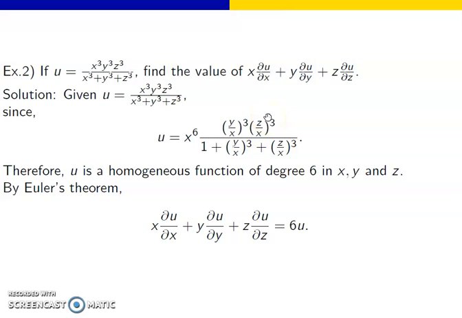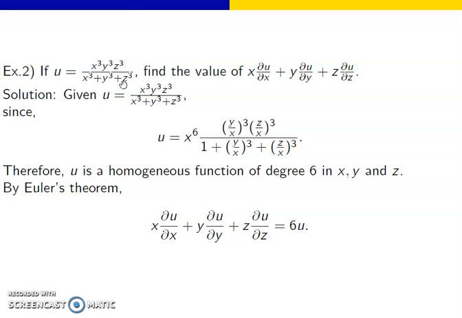The alternate method to find the value of n, that is the degree, is this: just put x equal to xt, y equal to yt, z equal to zt in the numerator and denominator. Calculate it and check what is the power of t.